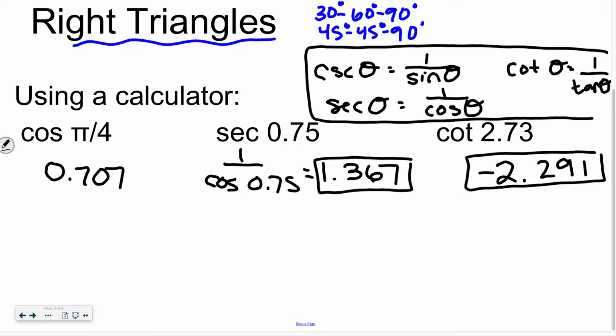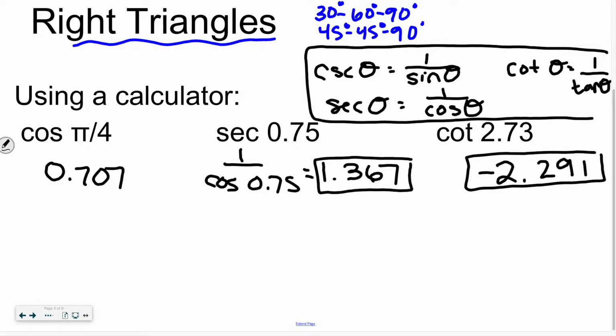Okay. Now, this stuff that I have up here with the reciprocals, the only time you needed to use that in this particular chapter is if you're being asked to do stuff like this where you're using a calculator, you know the angle, you want to type it in, but you have a reciprocal function. We will see those things again in our next chapter, chapter 5. Those are called trig identities.